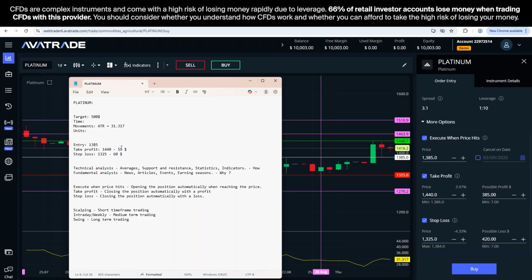So statistically, if we're looking for 55, I would typically say it can take up to 2 to 3 days. It might even turn around. It might even take a year. But with this indicator, we know that if the average movement per day is 31, it's realistic to expect.